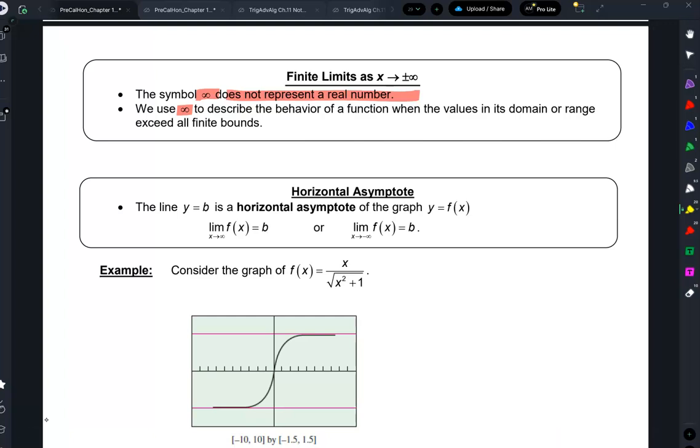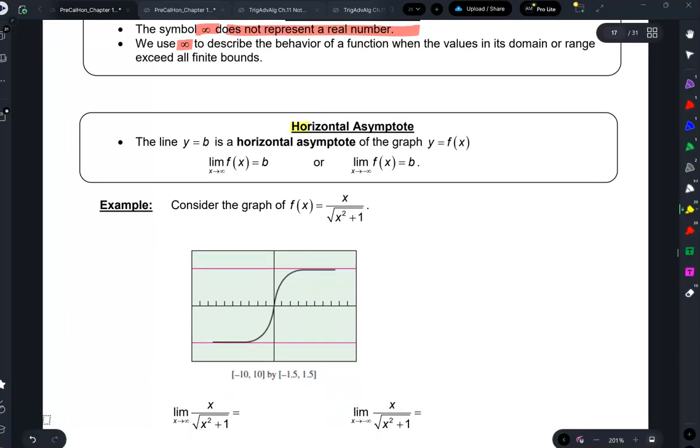that is how we describe horizontal asymptotes. So formally, y equals b, that line will be a horizontal asymptote, right? If the limit of f of x as x approaches infinity equals b.